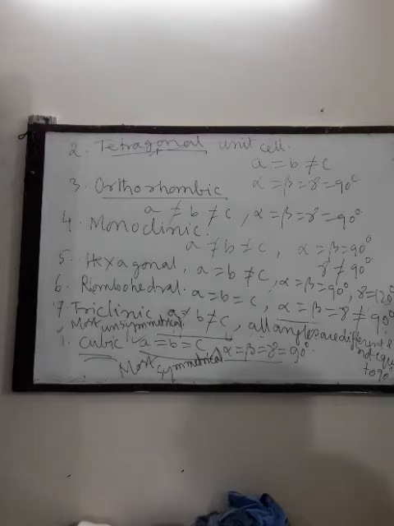And triclinic is most unsymmetrical because all sides are different and all angles are different and not equal to 90 degree. So this is all about 7 crystal systems, that is simple or primitive crystal systems.